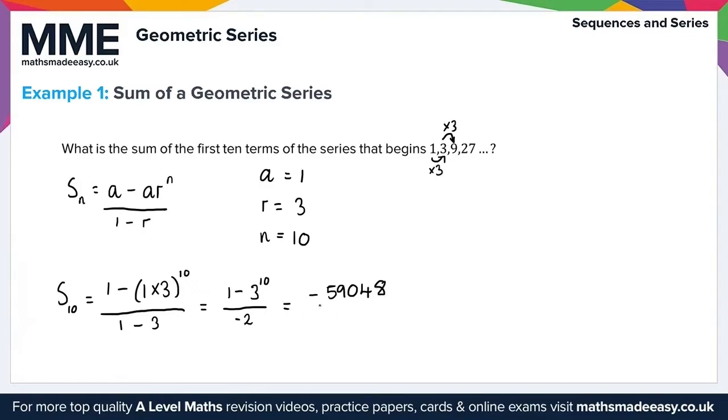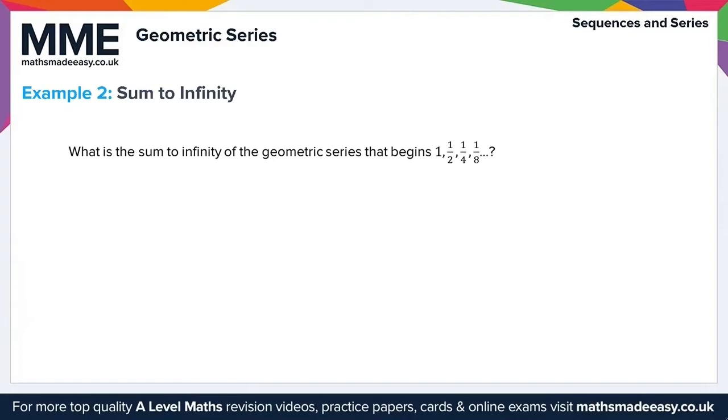And we're still dividing by minus 2 here. Okay? And remember, because our numerator is a minus and our denominator is a minus, when we divide these, our answer here will be positive. And when you divide these, we're simply going to get 29,524. Okay? And that there is the sum of the first 10 terms of the series that begins 1, 3, 9, and 27.